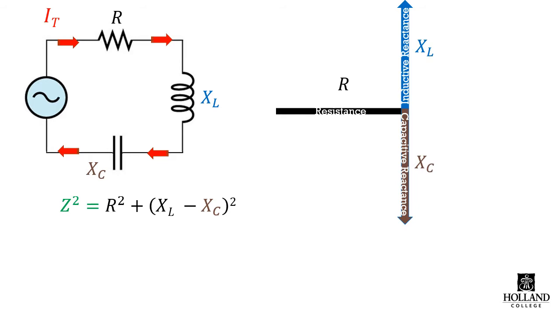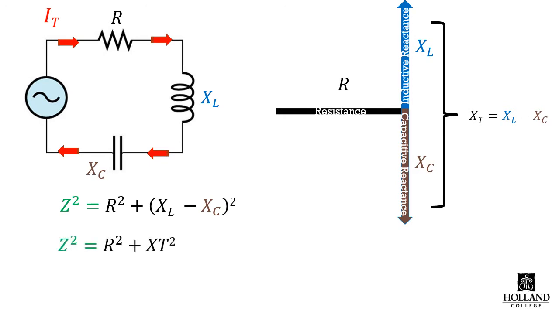Now if we're using Pythagorean theorem in order to solve a triangle, it would be Z squared is equal to R squared plus whatever the resultant is of our reactive side squared. So you have to take the difference of these two over here and then square it. So now we have Z squared is equal to R squared plus XT squared.